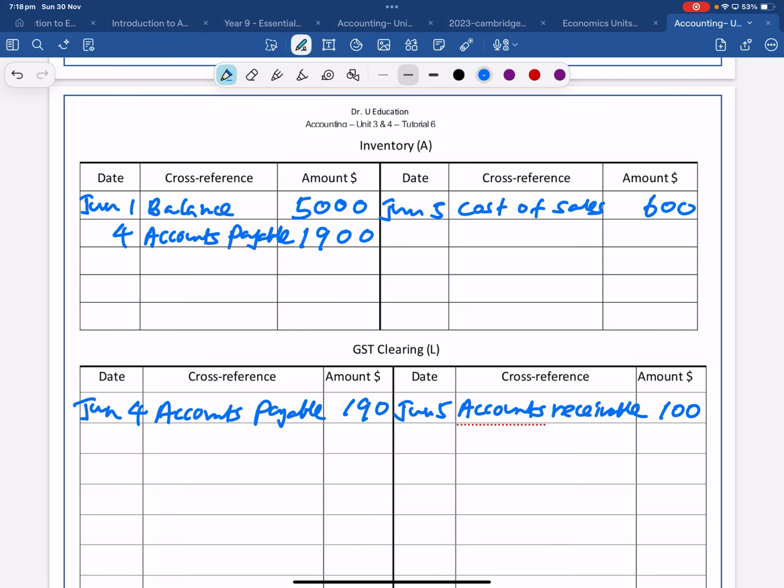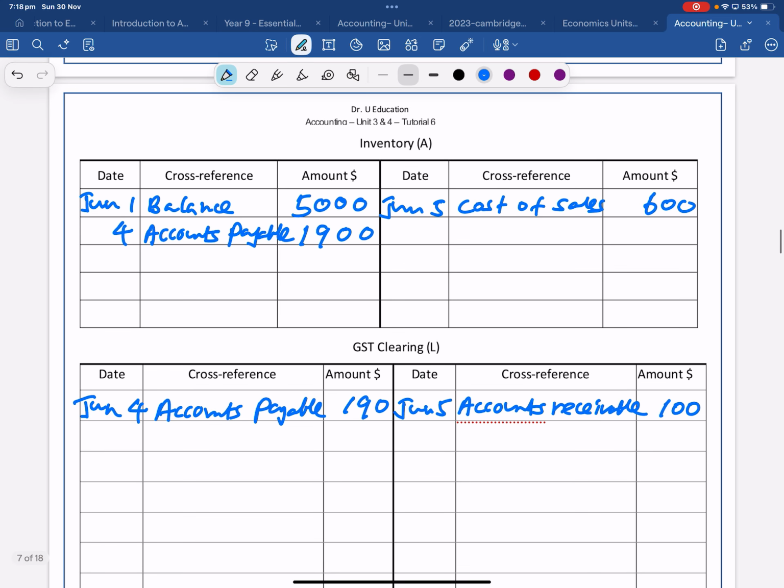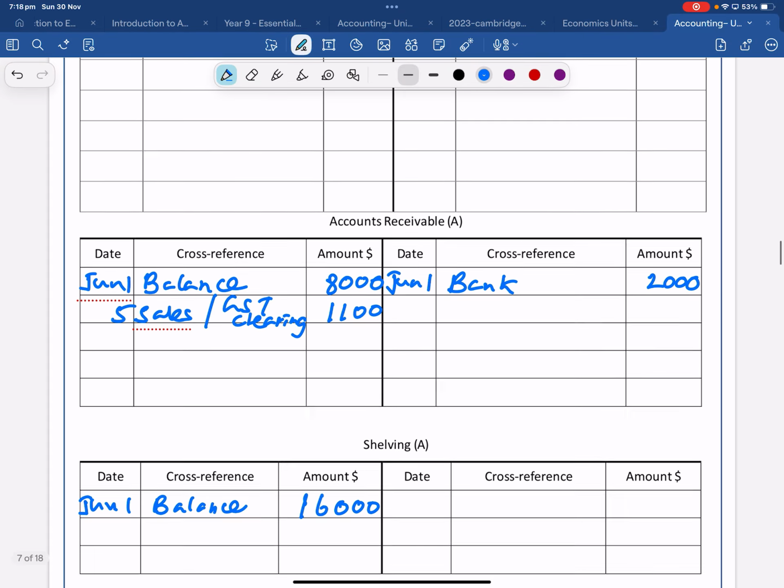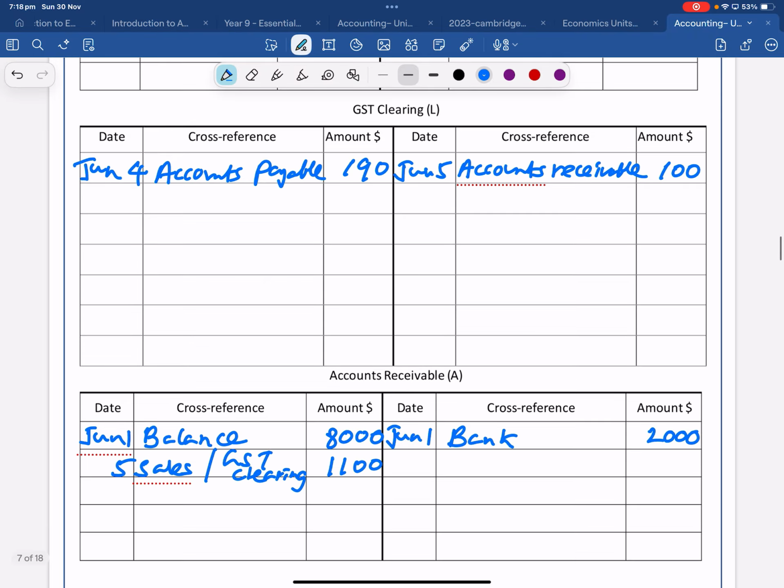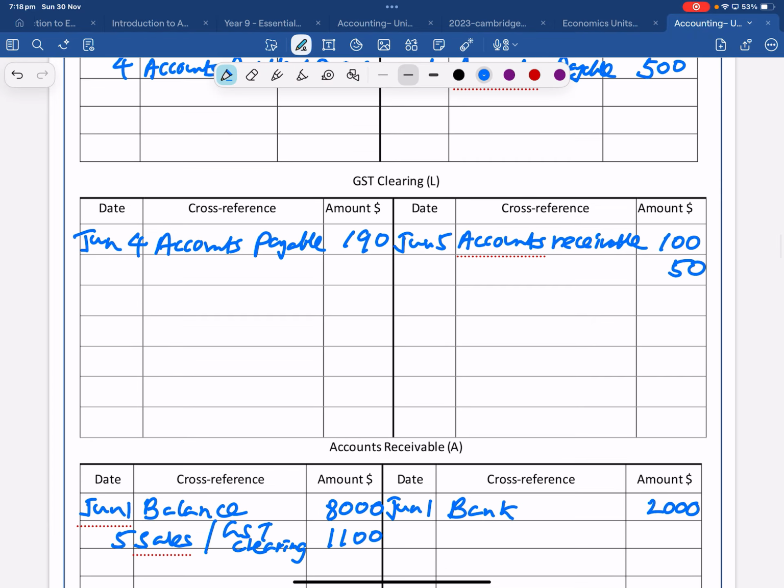Inventory, what is happening? Decreasing. 500, June 6th, saying accounts payable, then GST clearing credit.